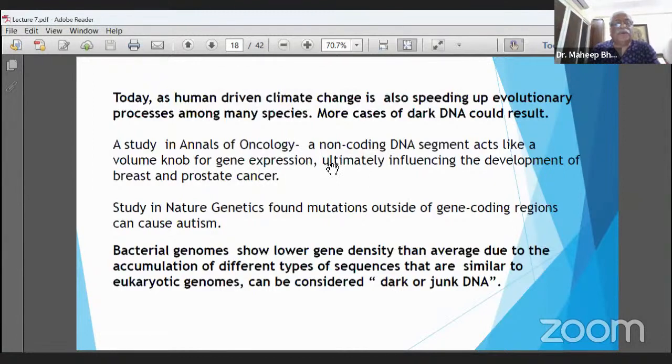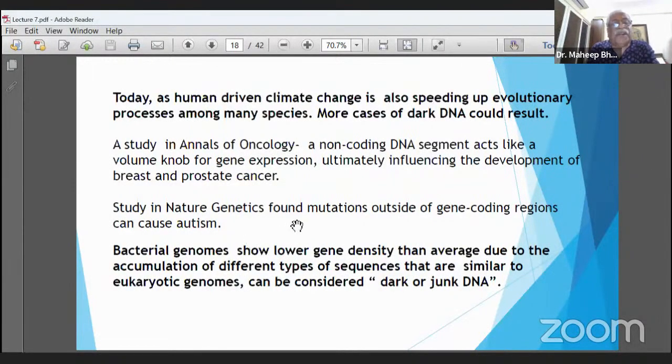It is also said that possibly as climate change is on the run, which is basically speeding the evolutionary process among many species, more cases of dark DNA could result.